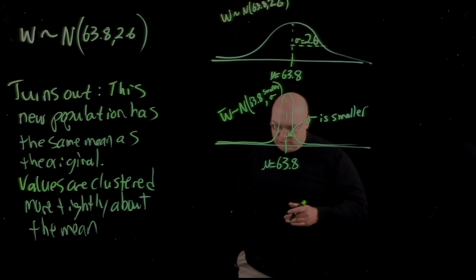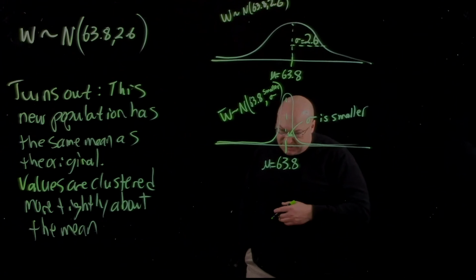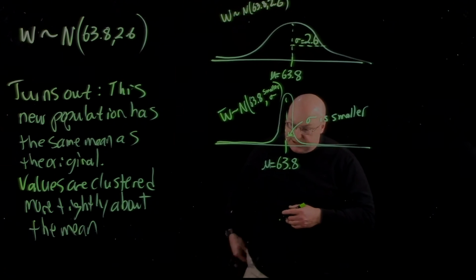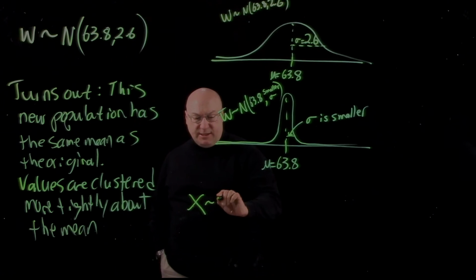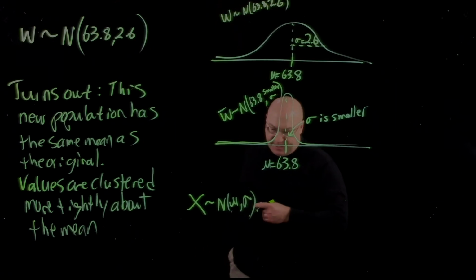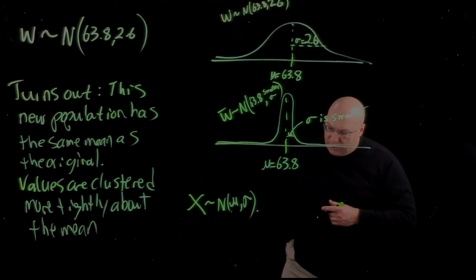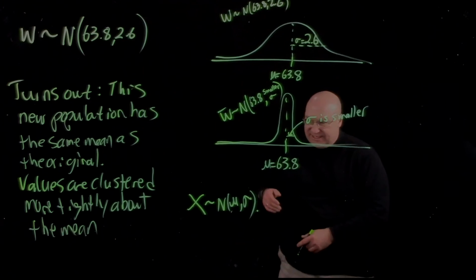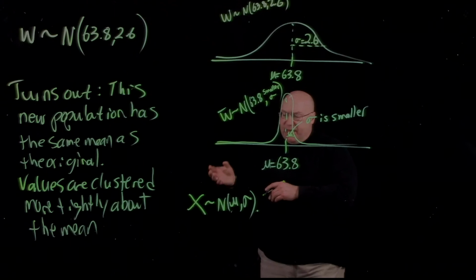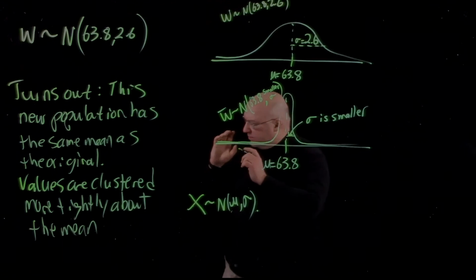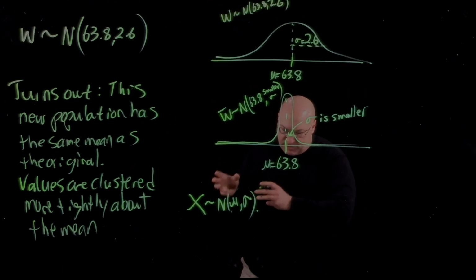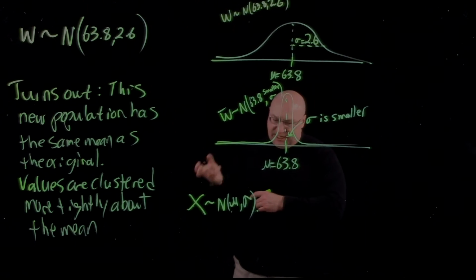And what I tell you here is that we're actually illustrating a very important fact. Now we'll just get down to the punchline here. Suppose X is a normally distributed random variable with mean mu and standard deviation sigma. Then suppose we consider drawing simple random samples of size n. Here I'm talking about size 10, but let's be a little more generic. I pick a certain n, and I'm pulling random samples of size n from this population and computing the mean each time.